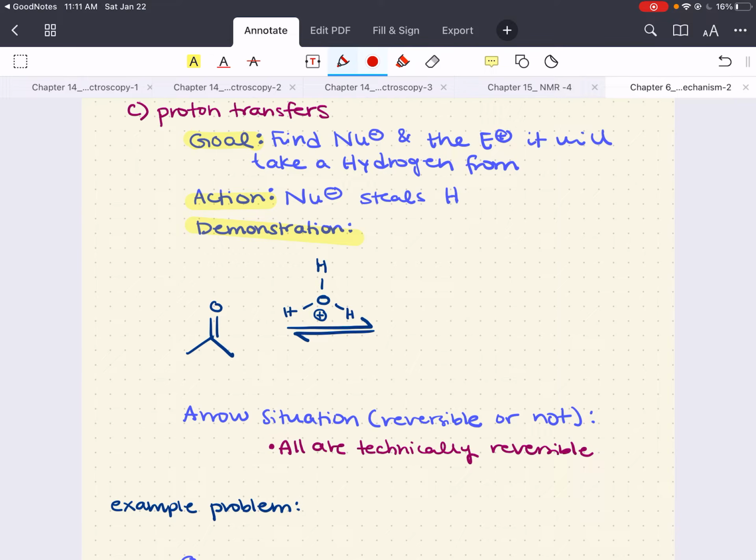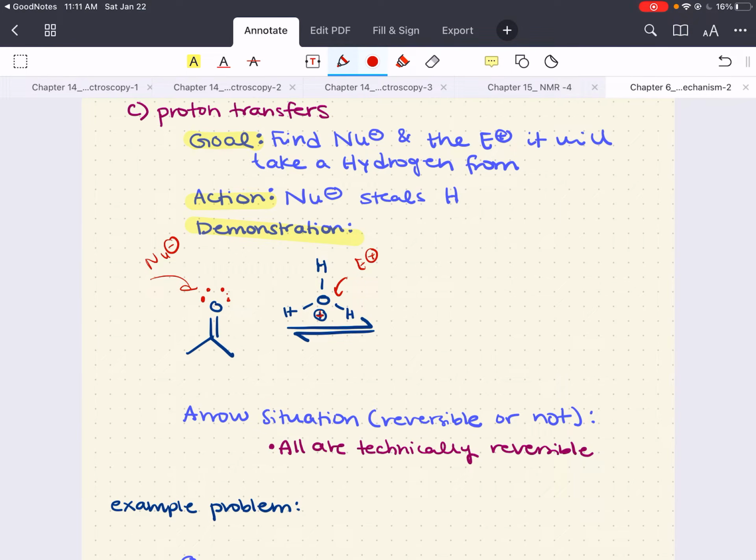Our oxygen here is going to have these lone pairs, and this molecule has a positive charge right here, so this is going to serve as our electrophilic center. This oxygen is actually going to serve as our nucleophile.